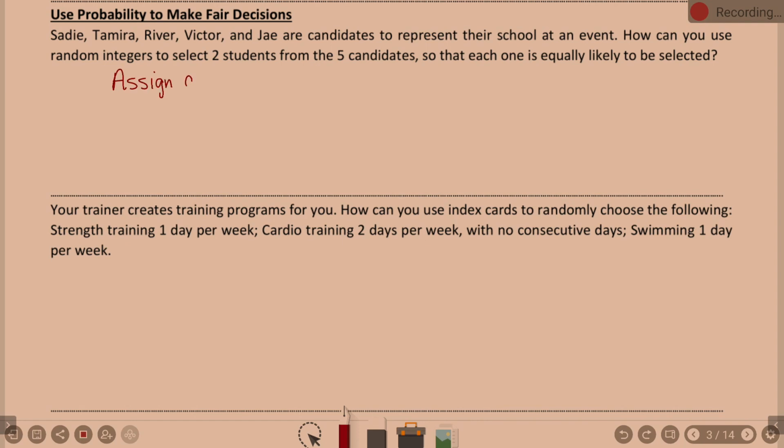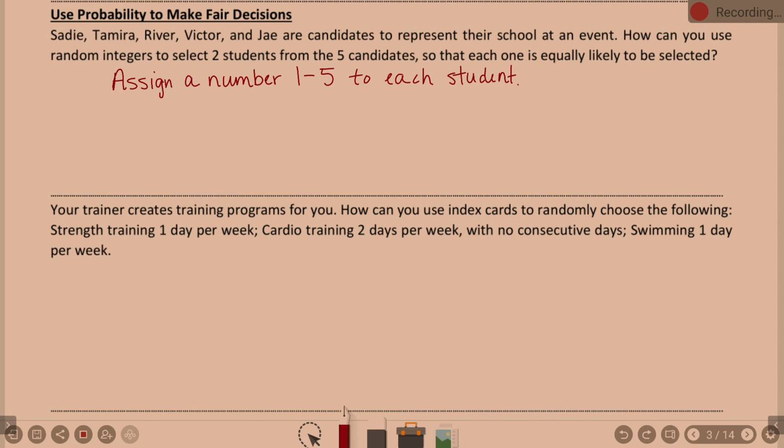So assign a number 1 through 5 to each student. And then, whether you want to pick a number out of a hat, out of a bowl, or use a random number generator, somehow pick a random number 1 through 5.